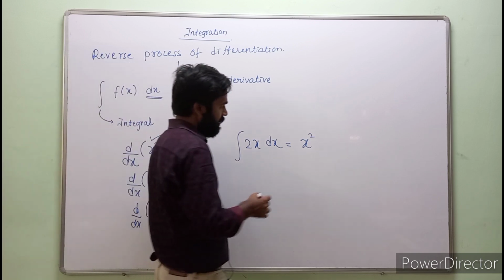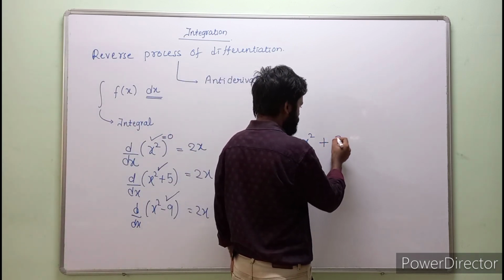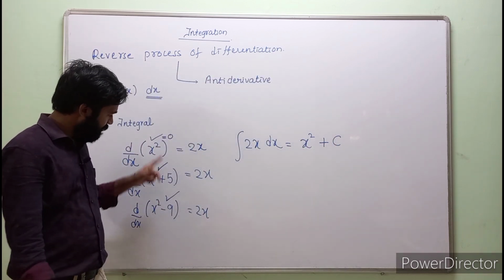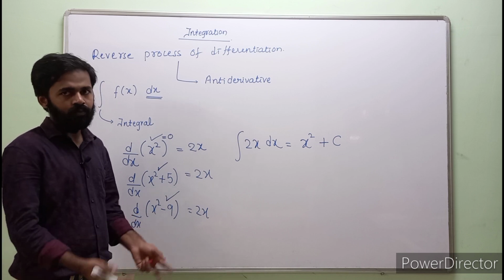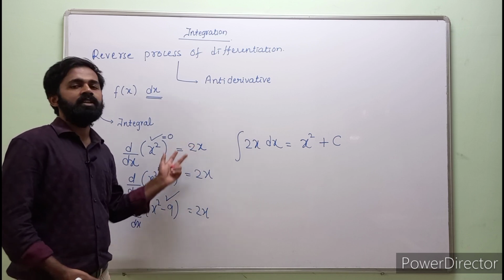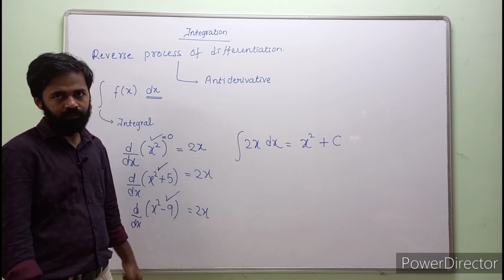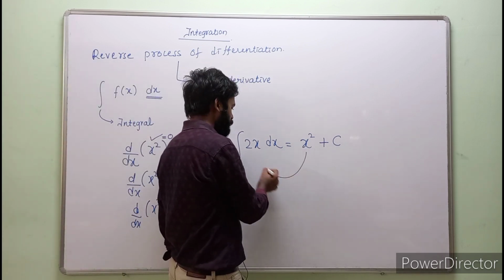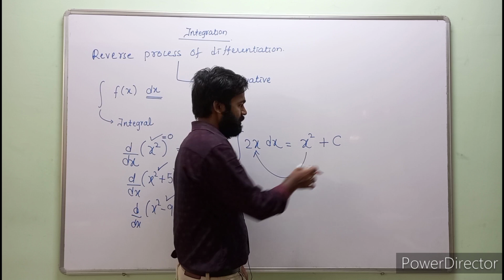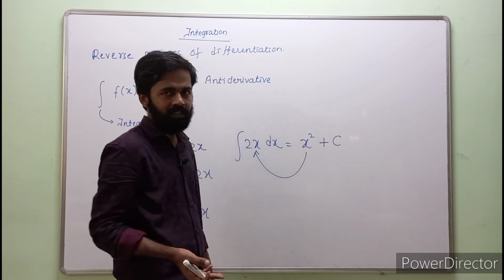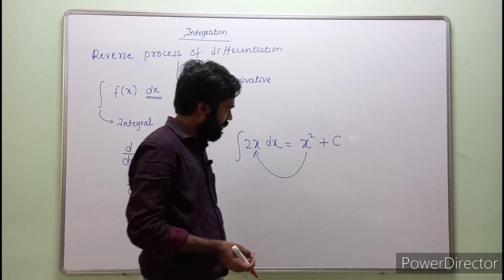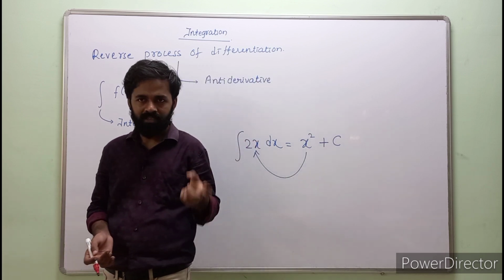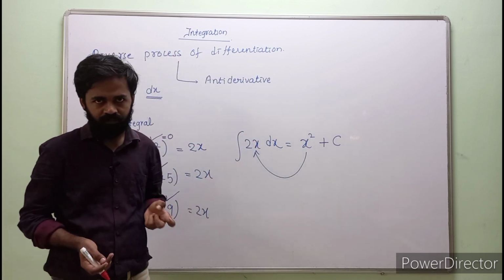So I'll take plus some constant of integration as c, because differentiation of constant will lead to 0, as integration is reverse process of differentiation. You can see here differentiation of x square is 2x, c is a constant, its differentiation is 0. That is why we always write some constant of integration c whenever we are integrating.